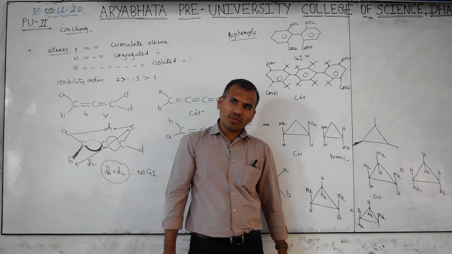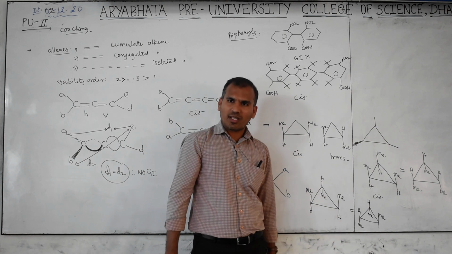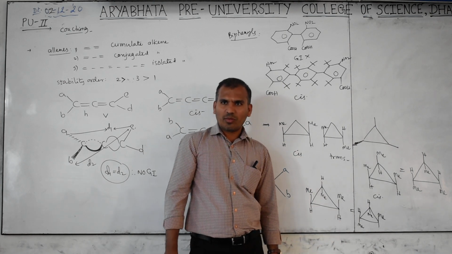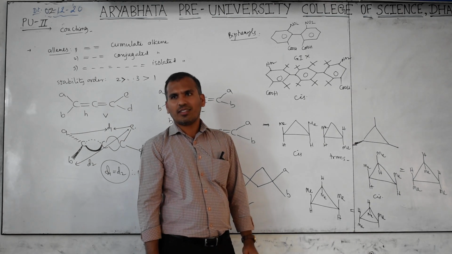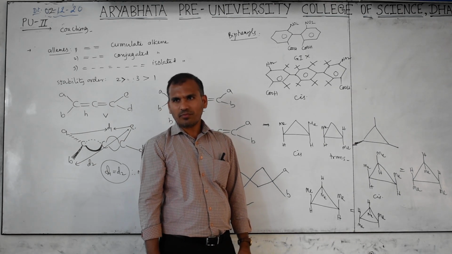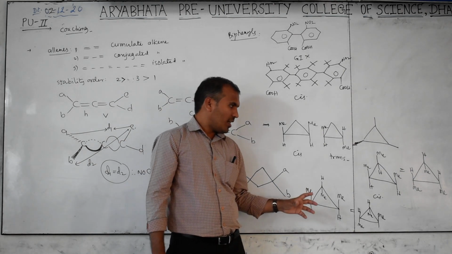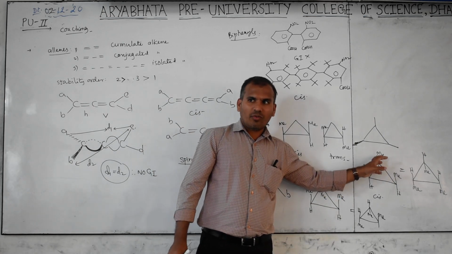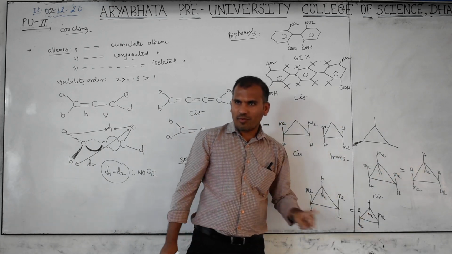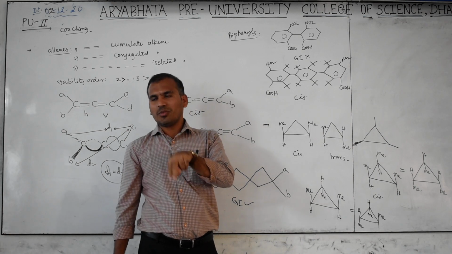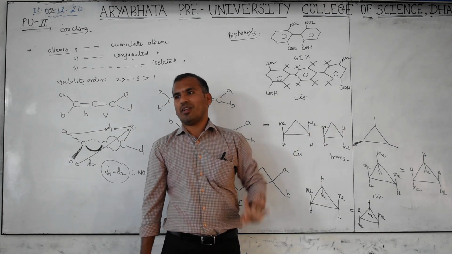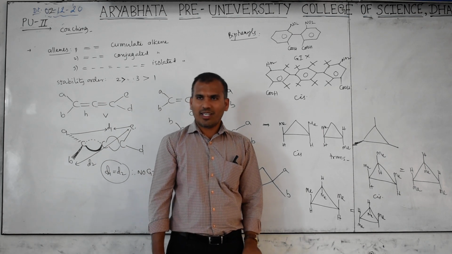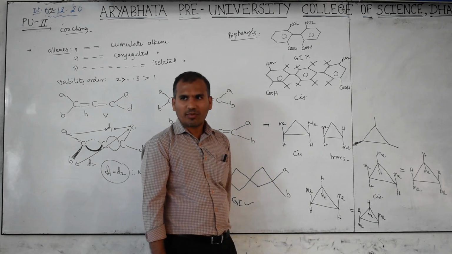Then how many total isomers? 2 only possible or any extra possible? 2 only possible. That is the concept. So these look like 1, 2, 3, 4, but total how much? 2 only. Otherwise you can try to arrange any other way also. They look the same only. Therefore, 2 isomers are possible.